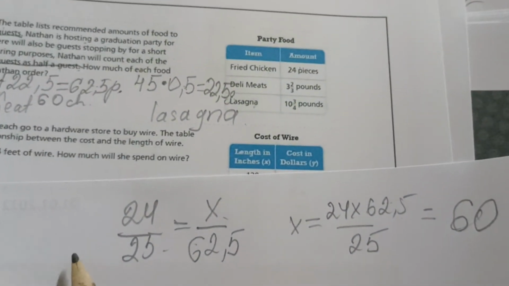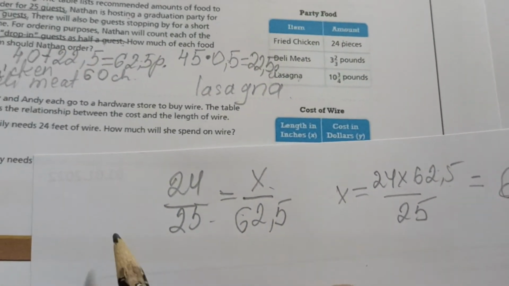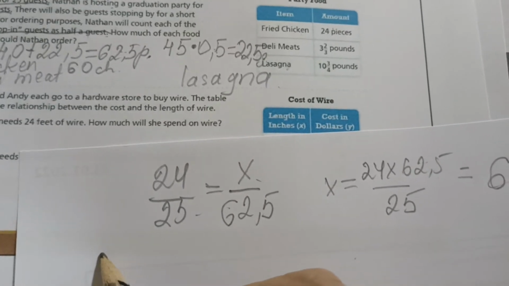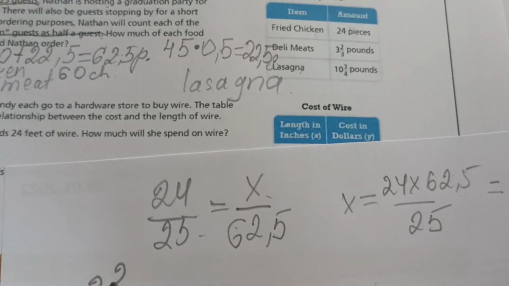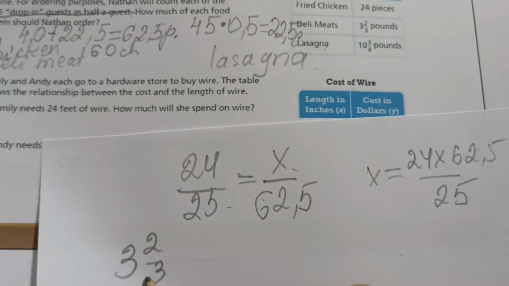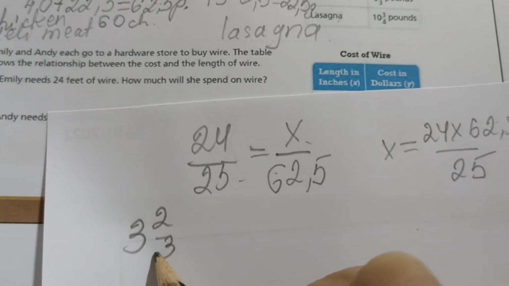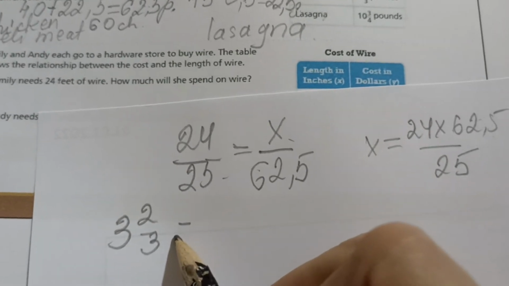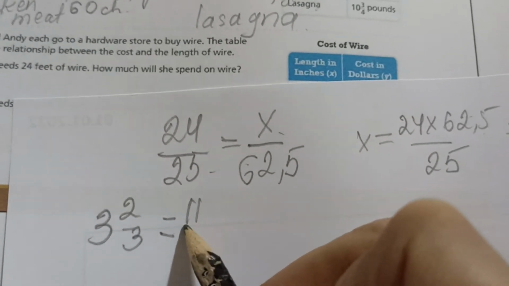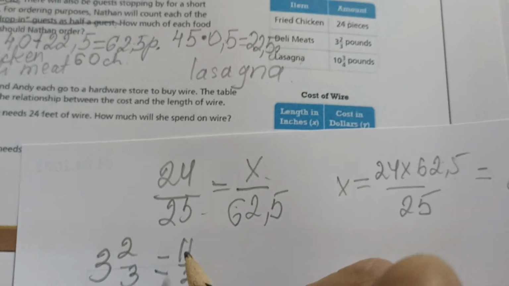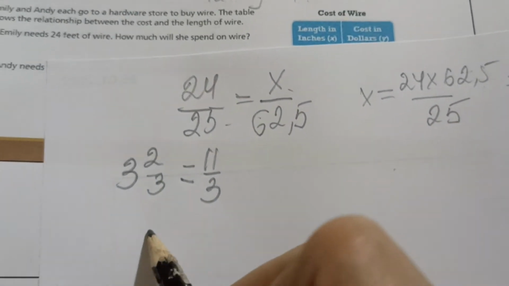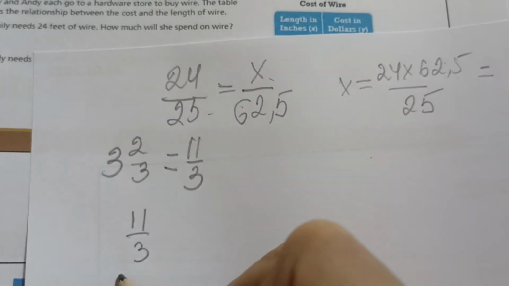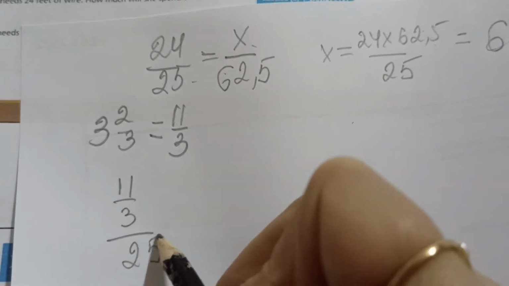Now do the same with deli meats, okay? So he needs 3 and 2 over 3 pounds. Okay, let us convert this into 11 over 3. Convert this, okay, because it's easier. Now, that 11 over 3 is going to be for 25 guests.